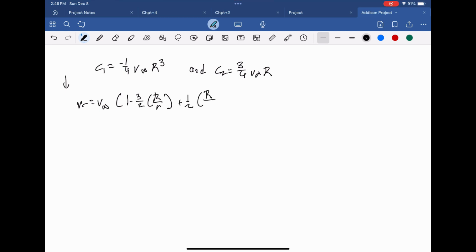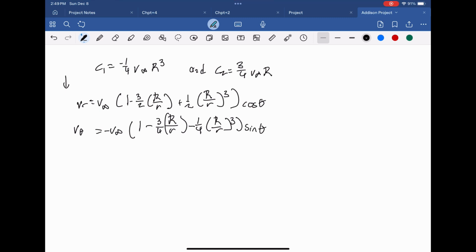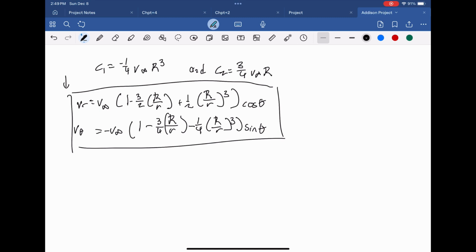The VR equation is going to be equal to this times cosine theta, and V theta is going to be equal to negative V infinity times 1 minus 3/2, actually, times r over R minus 1/4 r over R cubed times sine theta. And these two equations are our velocity components.